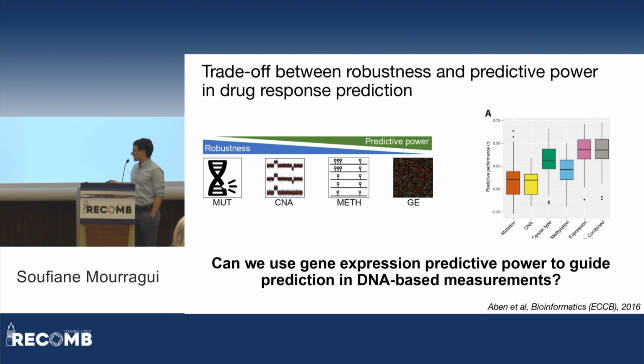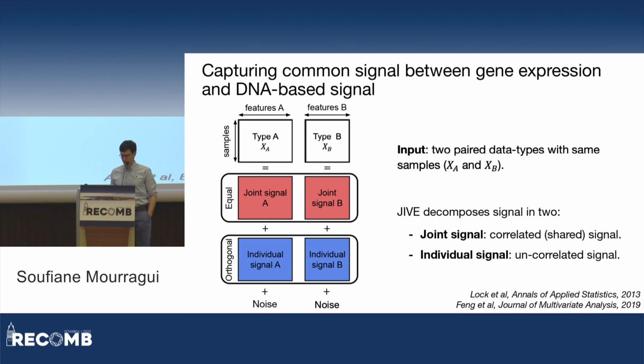But if we look at the predictive ability of each of the data modalities taken individually, then we actually have an inverse gradient in predictive power. So this was measured by Nane, published in 2016, where he basically showed that, so here the predictive power is measured as a correlation. So 0 means there's basically no correlation whatsoever, and 1 is perfect.